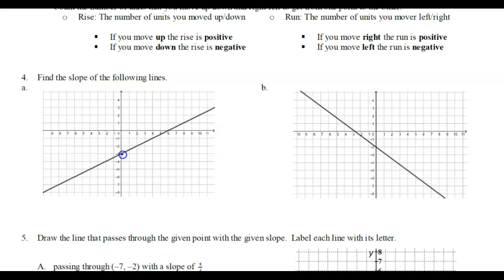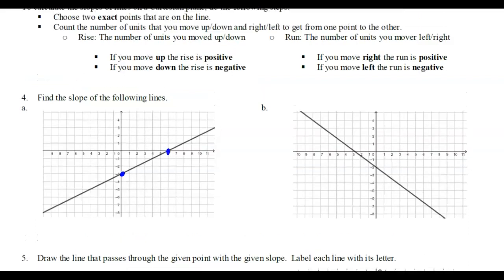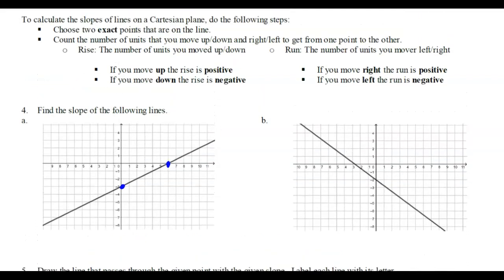Take a look here. This looks like a nice point. And this one. The intercepts are always kind of helpful because sometimes they're nice values, not always. But in this case, they look pretty good. So I've chosen to count the number of units that you move up or down, and then left or right. So here, I'm always starting from my left point that I choose.